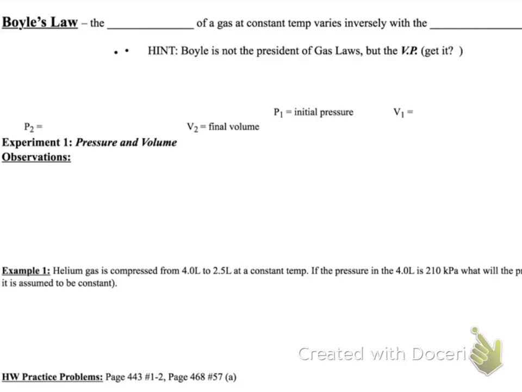All right, so the first law we are going to look at is Boyle's law. Now, Boyle was focused on volume and pressure. And what Boyle discovered was that the volume of a gas at a constant temperature is going to vary inversely with the pressure.